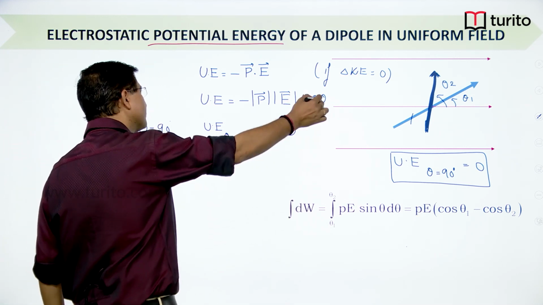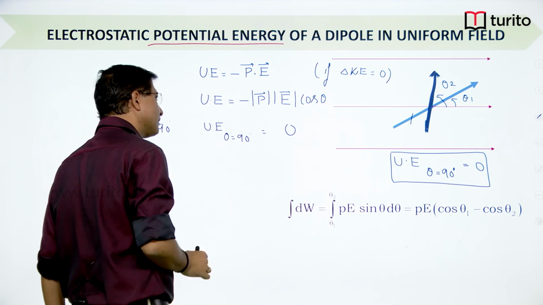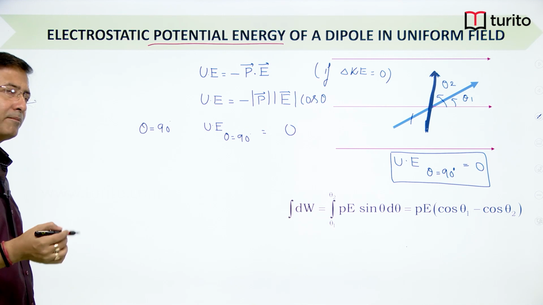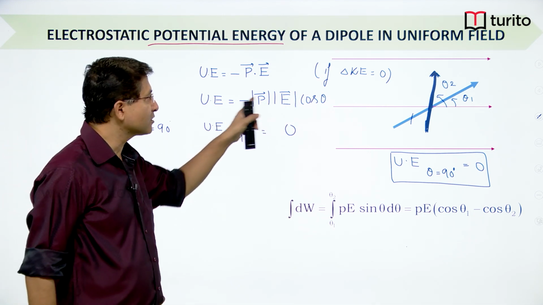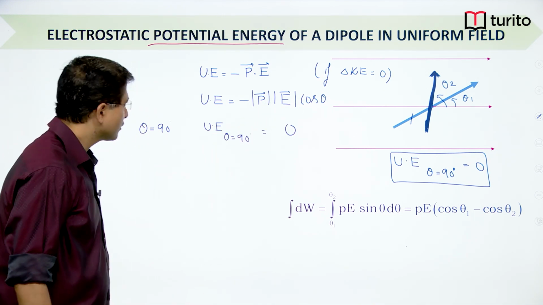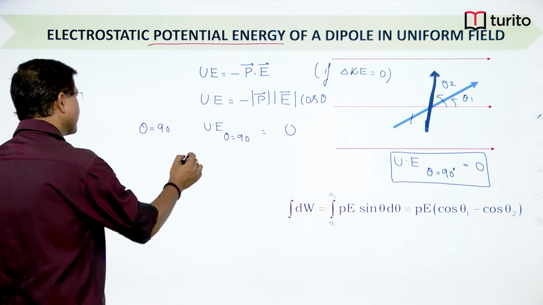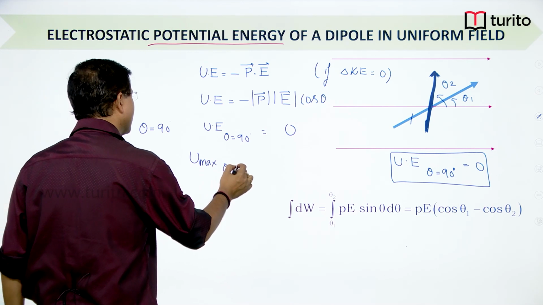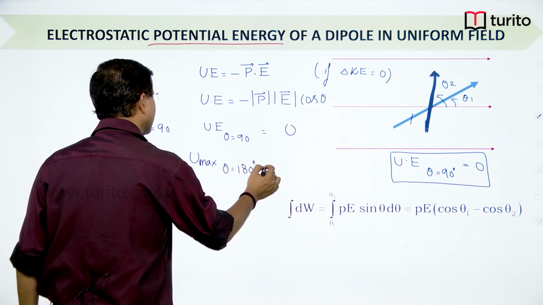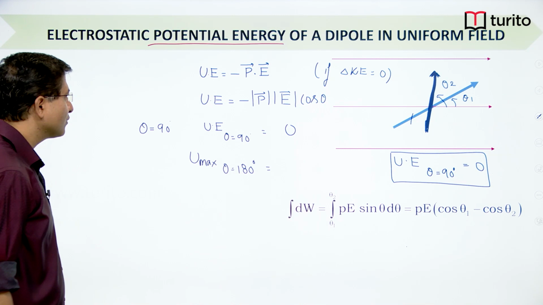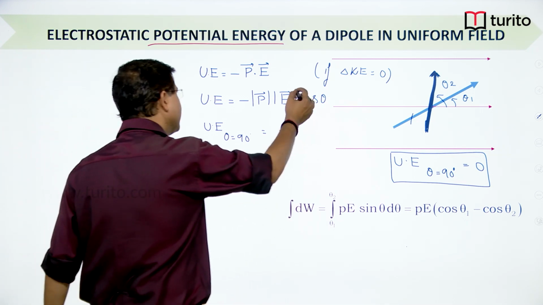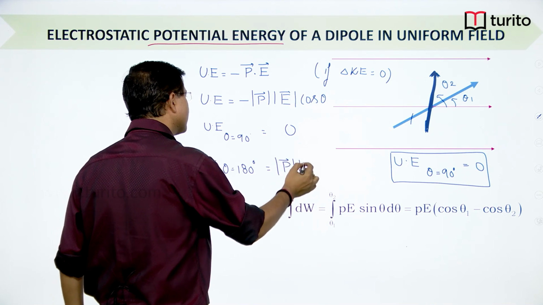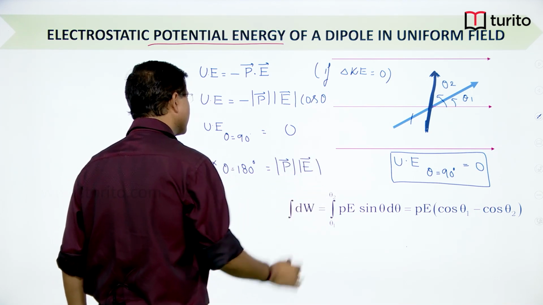Here cos is written, but in front we have a negative sign. So when cos will become -1, this minus and this minus will make it plus. So the potential energy will be maximum when theta is equal to 180 degree, right. When theta is equal to 180 degree, cos 180 is minus 1, minus minus will make it positive, then you are going to get this, right.